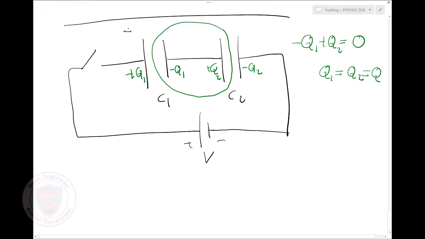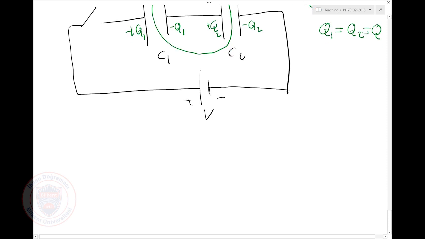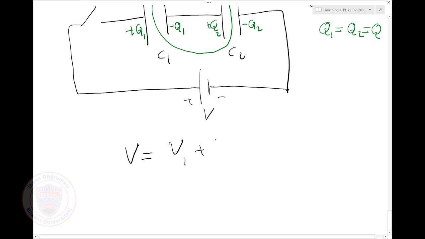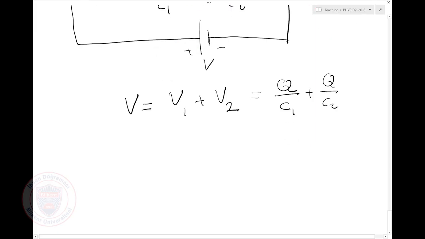What is the potential V1 on the first capacitor? It's going to be Q divided by C1. What's the potential across the second capacitor? V2 is Q divided by C2. So what's the total potential? It must be V1 plus V2, which is Q over C1 plus Q over C2.